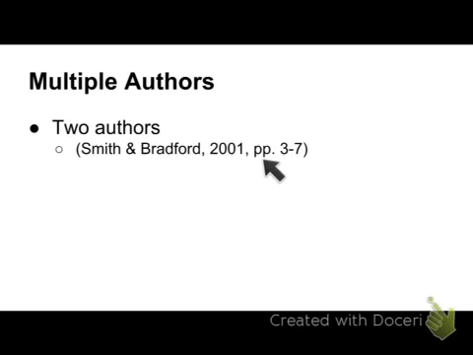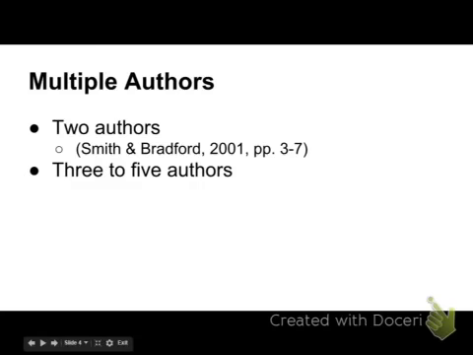And again, if you have multiple pages that run together, you go PP, and then to indicate that you're quoting something from all of these pages, 3, 4, 5, 6, 7, you indicate that with a hyphen. So, two authors are separated by an ampersand.